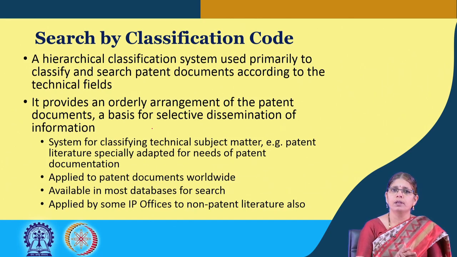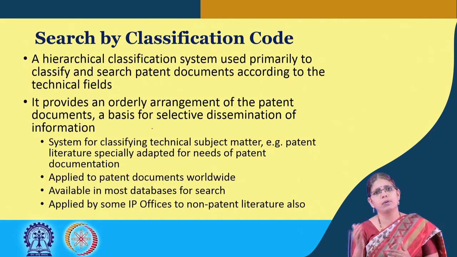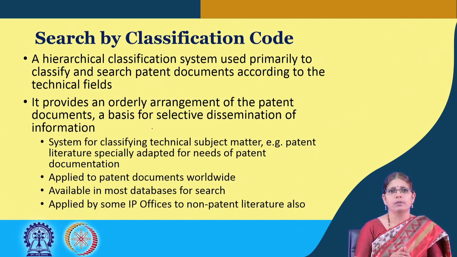Is the purpose of the search to look at documents which are very, very close to the invention, in which case the keyword search is very specific? Many a time you may also undertake a keyword search just to understand the spread of the technical area, in which case you may go to the distant end of the entire keyword set. So, it all depends on why you are conducting the search and for what purpose it is.